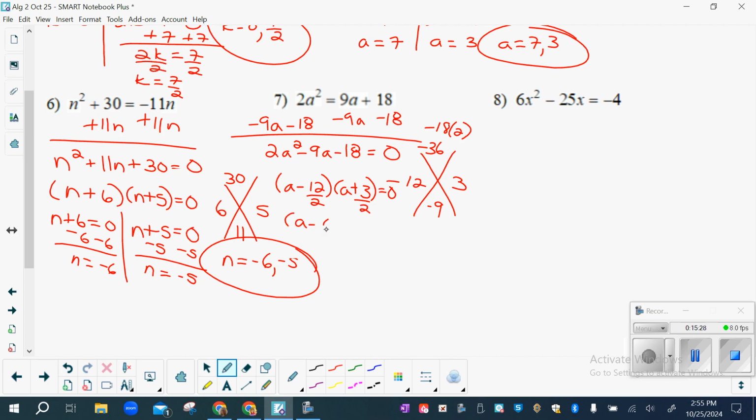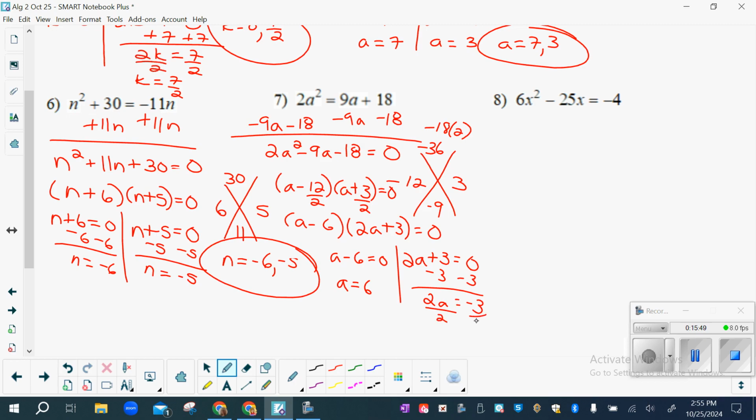So a minus 6, and then we slide the 2 to the front, 2a plus 3, and then we use the zero product property. A minus 6 is 0, 2a plus 3 is 0. And so our answers would be -3/2 and 6.